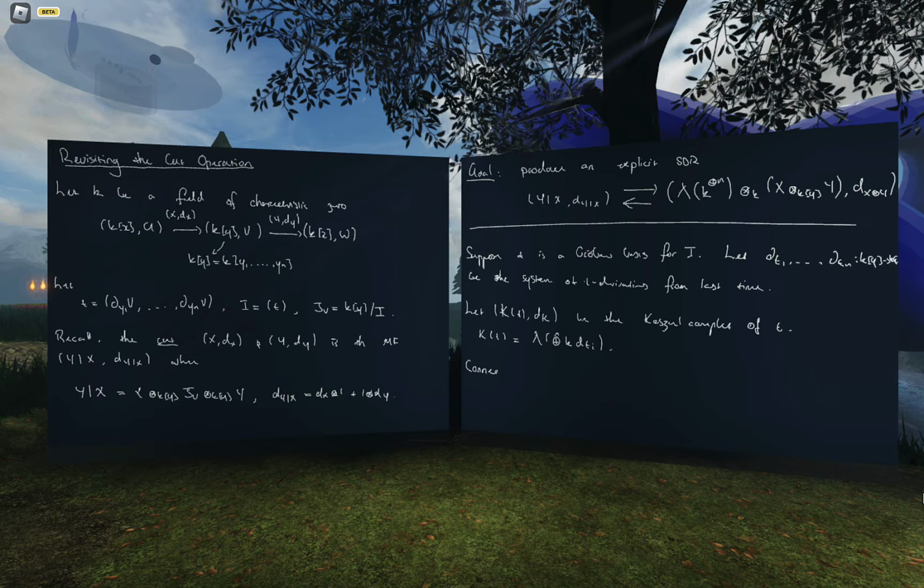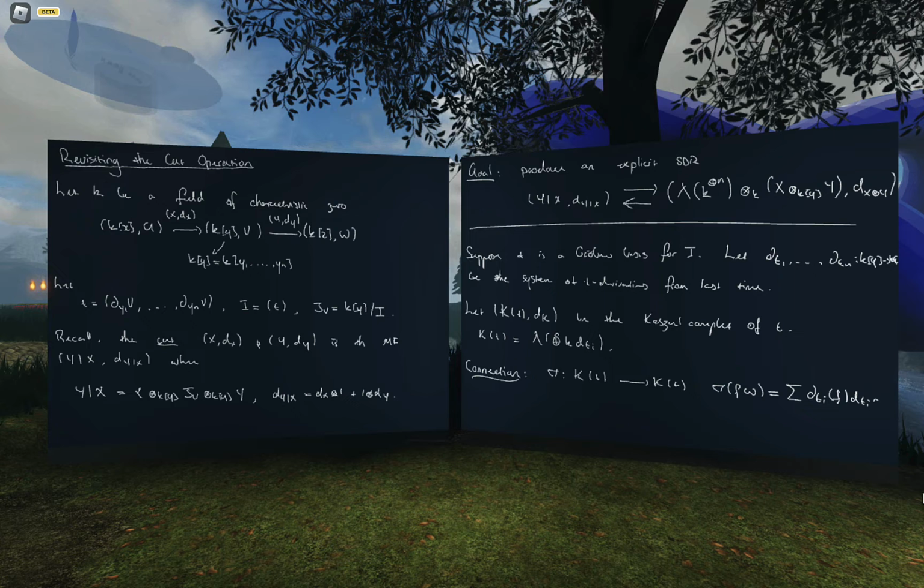We have the connection, which is the map on the Koszul complex given as follows, where f is just a polynomial and omega is a product of these DTIs.